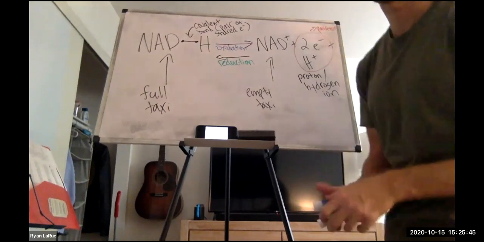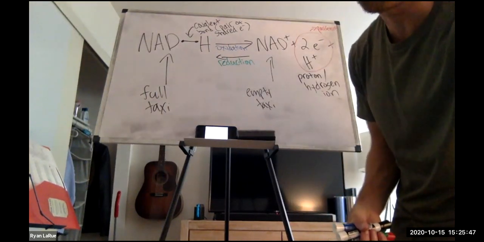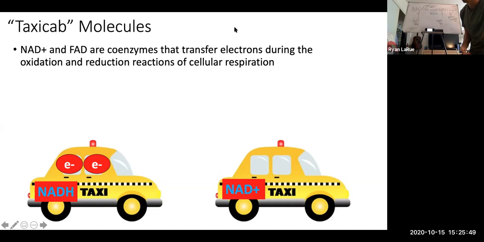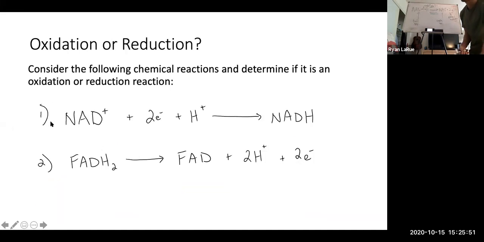So let's practice this concept. So number 1, determine if it's oxidation or reduction. NAD plus 2 electrons and hydrogen ion to NADH.